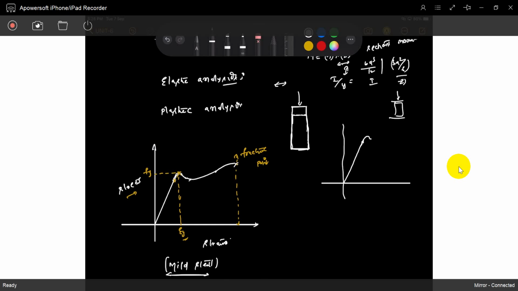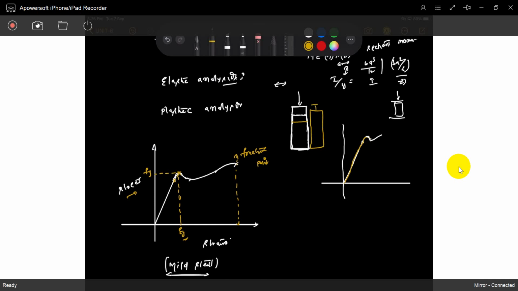If you cross the elastic limit, what happens? Release it and see the readings again. Within the elastic limit, the stress strain curve follows the same path when you release the load. There are no permanent displacements, no permanent strains. But if you apply the load beyond here and later release it, the material doesn't regain its shape.